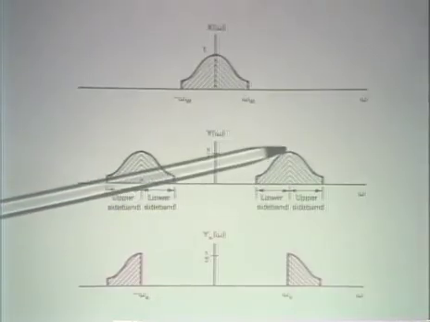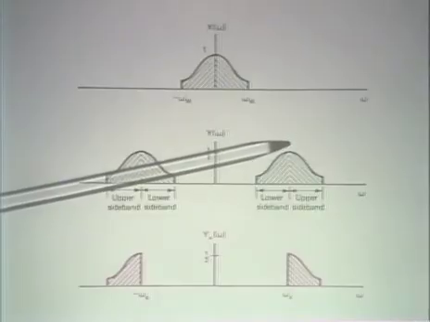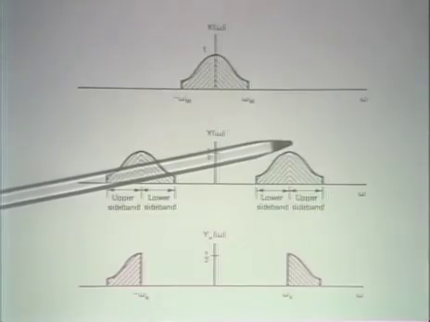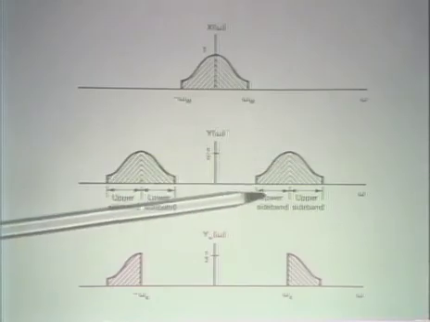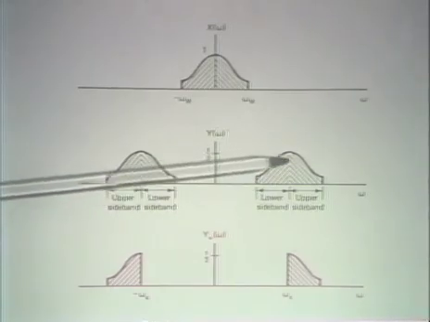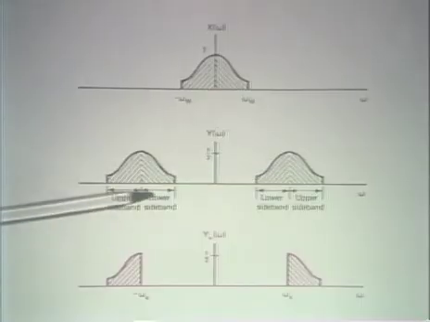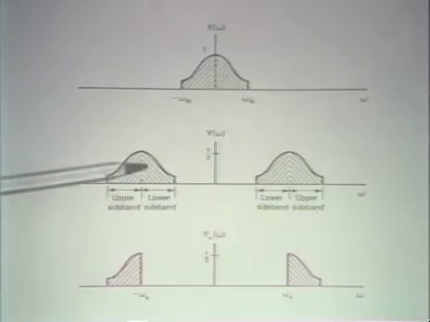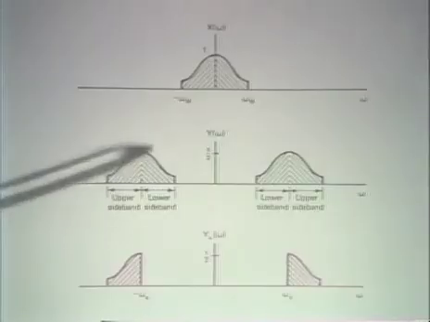And we could imagine building a real valued signal by eliminating what I refer to here as the lower sideband out of the positive frequencies and the lower sideband out of the negative frequencies.